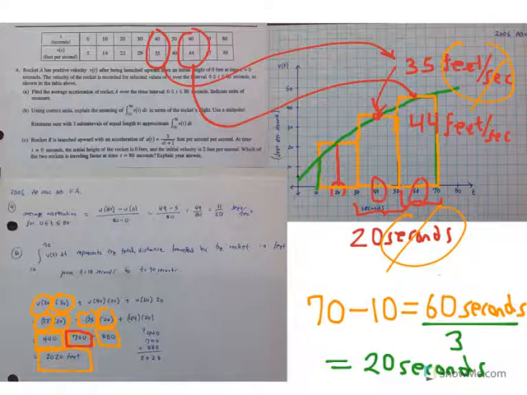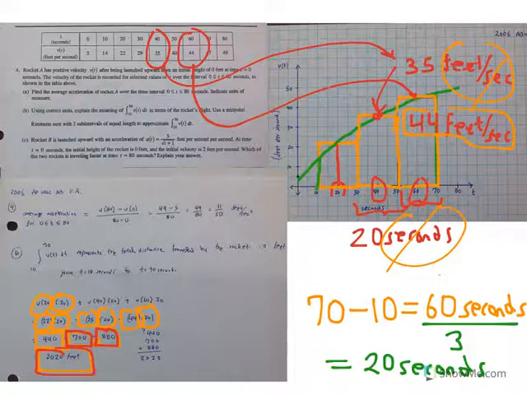When you do that, you're going to get 44 feet per second times 20 seconds, and that's going to give you 880 feet. And when you add these 3 values, you get 2,020 feet for the approximate distance traveled by the rocket, measured in feet from time equal to 10 seconds to time equal to 70 seconds.